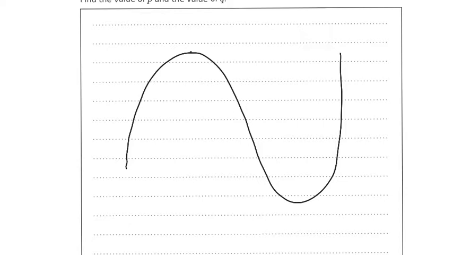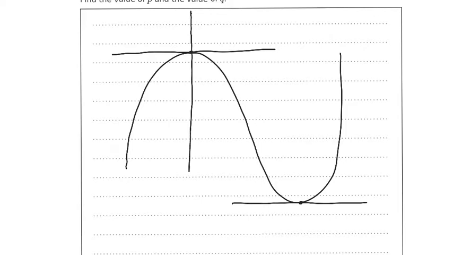This is the point x equals minus 5, and we have a tangent here. This is the point x equals 3, and we have another tangent here. We're told that the normal at point A, which is here, and this tangent meet at the point P, Q.